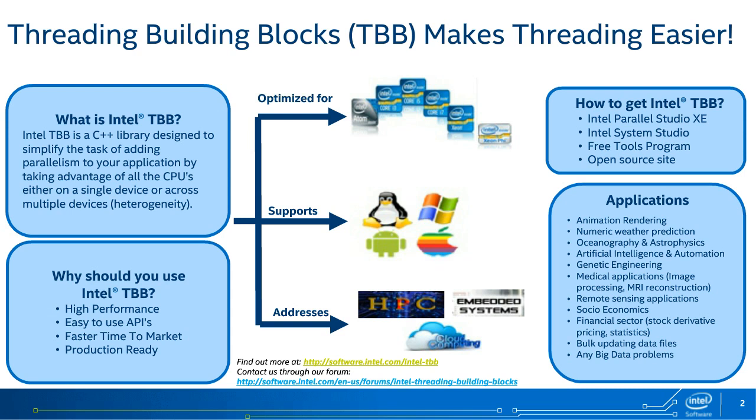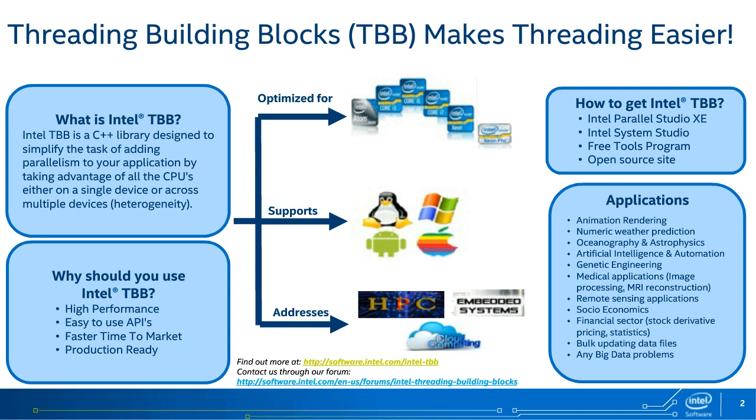TBB is a library. It is available both as part of Intel Parallel Studio XE, Intel System Studio, and there's also a free tools program, and it's also available through an open source website, threadingbuildingblocks.org. When you get one of the pre-packaged, pre-built versions of TBB through Parallel Studio or through the free tools program, these will have been pre-built and optimized for Intel processors.